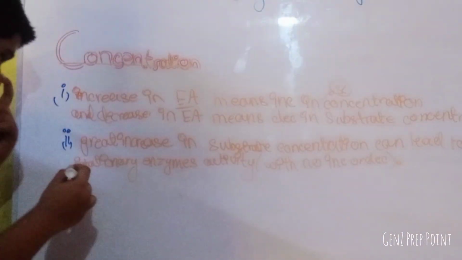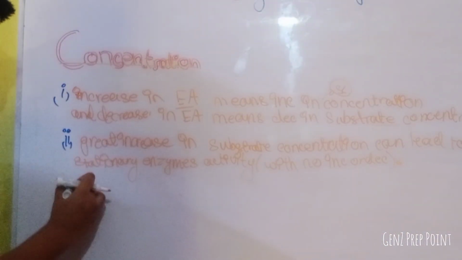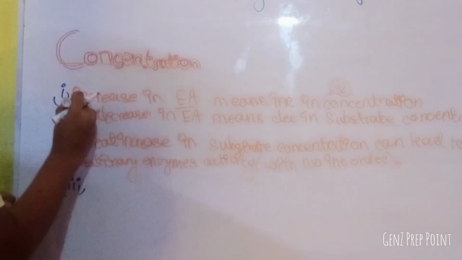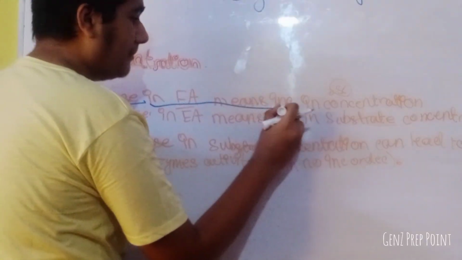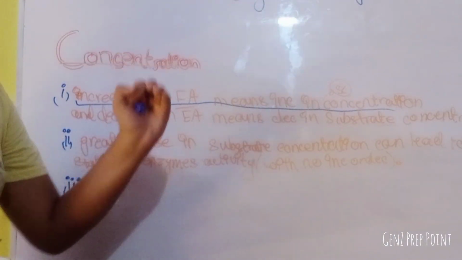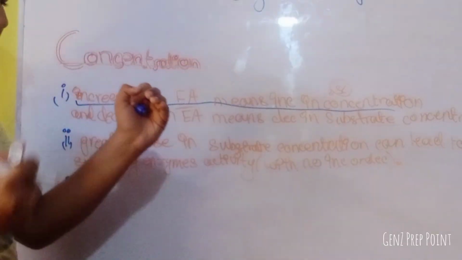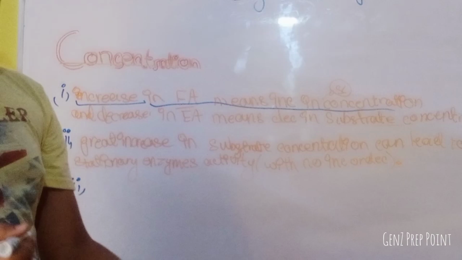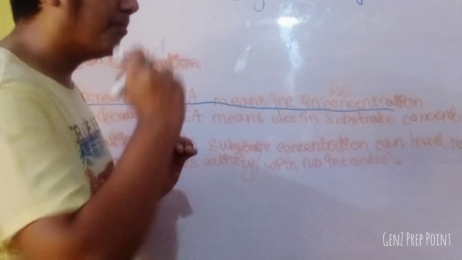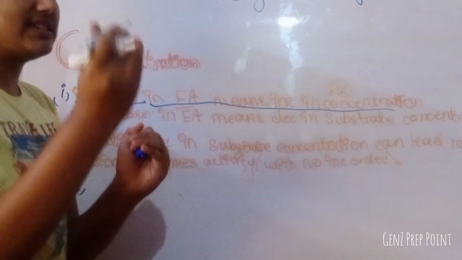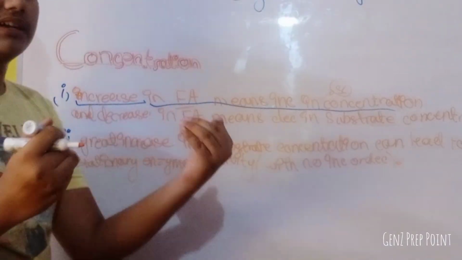So, giving the conclusion, what we can say: first, an increase in enzyme activity means an increase in concentration. More molecules, more enzyme activity, more enzymes are working. Fewer molecules, fewer enzymes are working, so a decrease. Now there are more and more substrates, but fewer enzymes available, so they are busy digesting one lipid, then another lipid you consume.